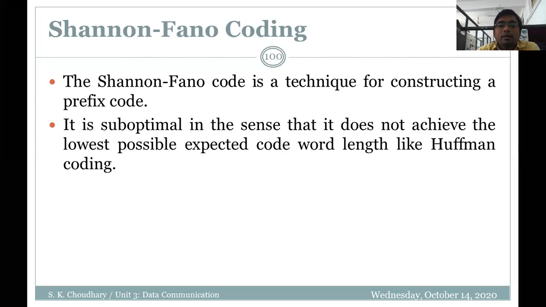It is suboptimal in the sense that it does not achieve the lowest possible expected code word length like Huffman code. So as compared to Huffman coding, it has a drawback that it does not achieve the optimal efficiency.